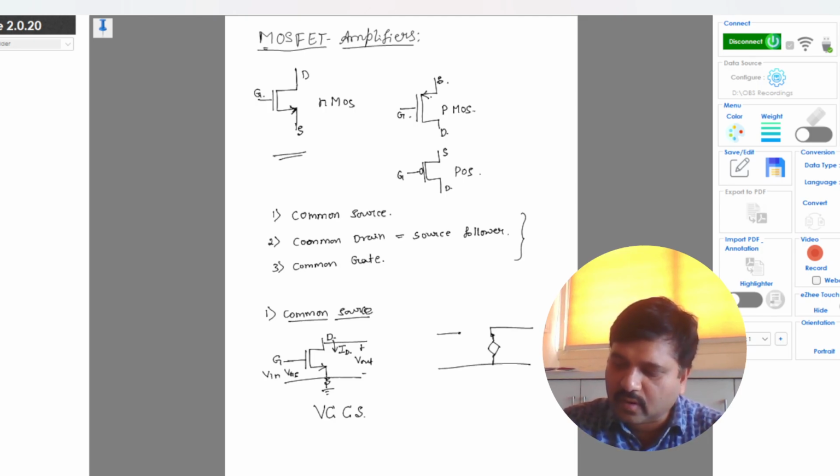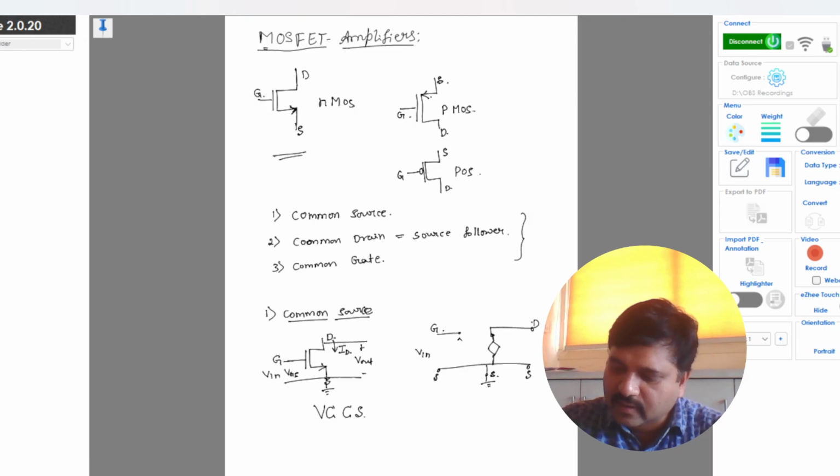In this small signal model, the source is common for Vin, and this is the drain terminal, source, and gate terminal.